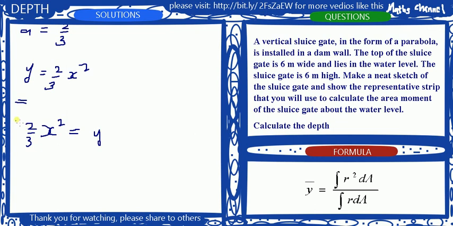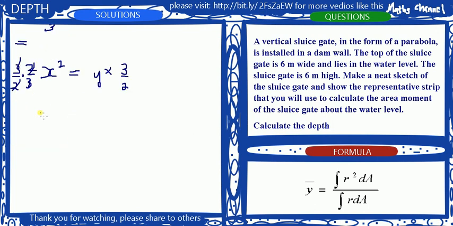So we'll multiply both sides by 3/2. So the 3/2 will cancel this side, and then we'll be left with... So we put the square root on both sides.